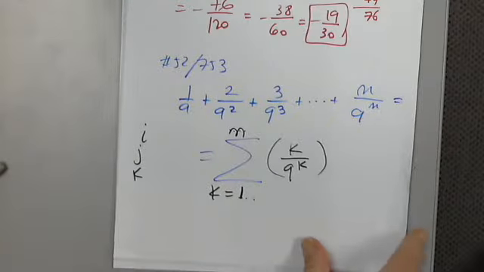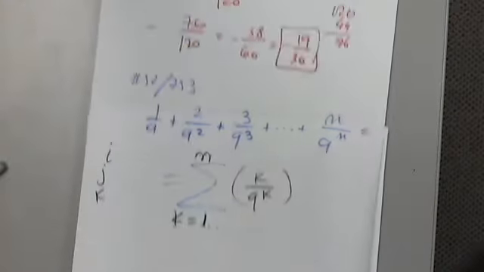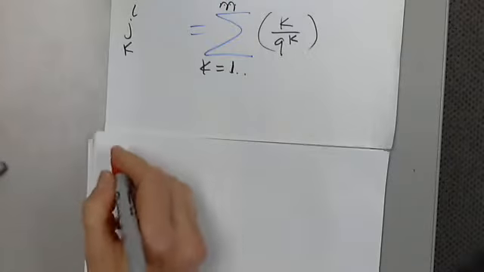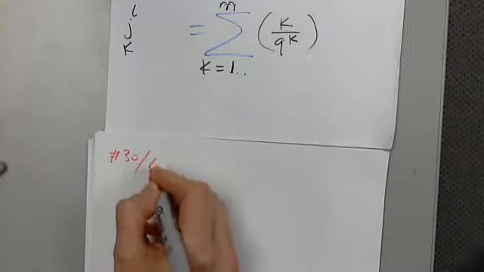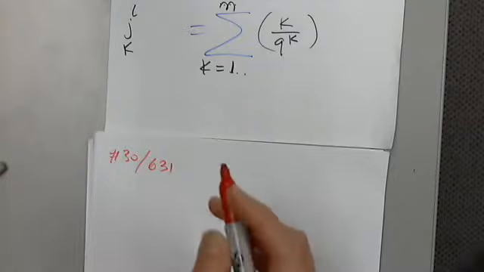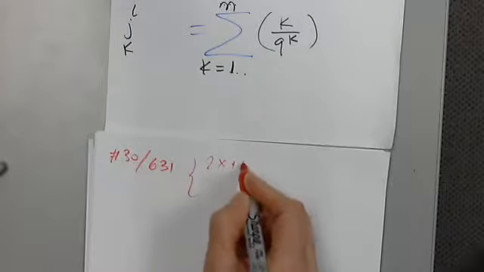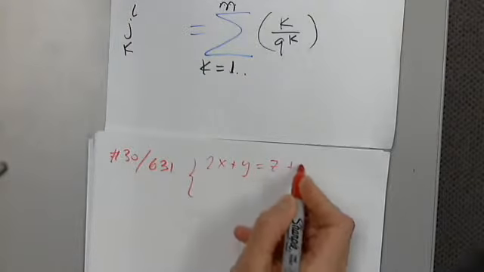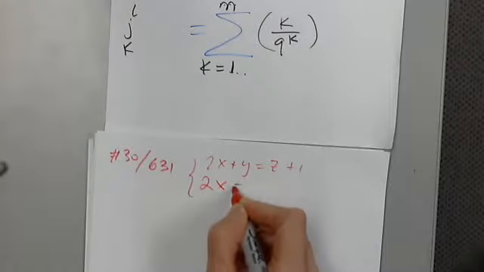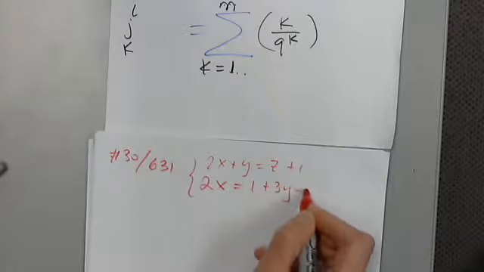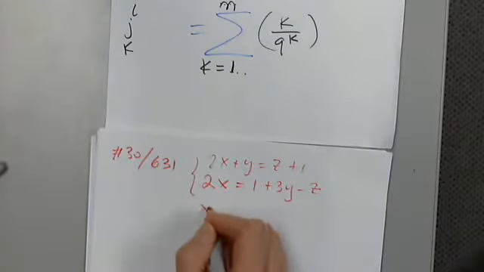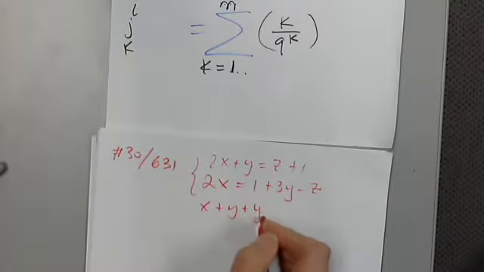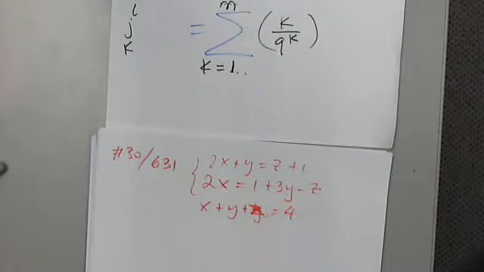So let's look at 30 on page 631: 2x plus y equals z plus 1. 2x equals 1 plus 3y minus z. And x plus y plus z equals 4.